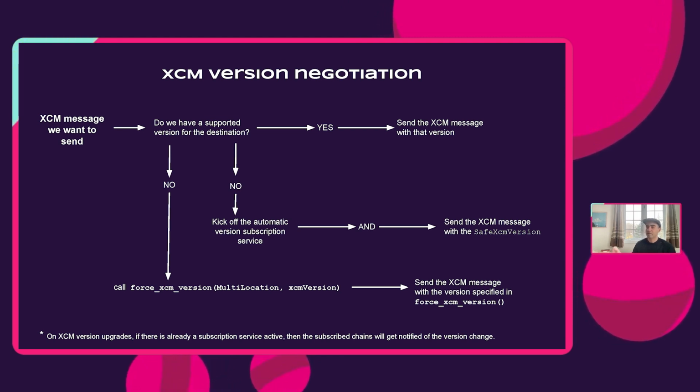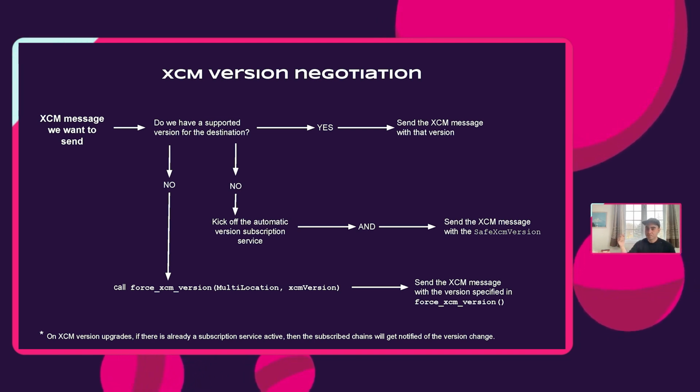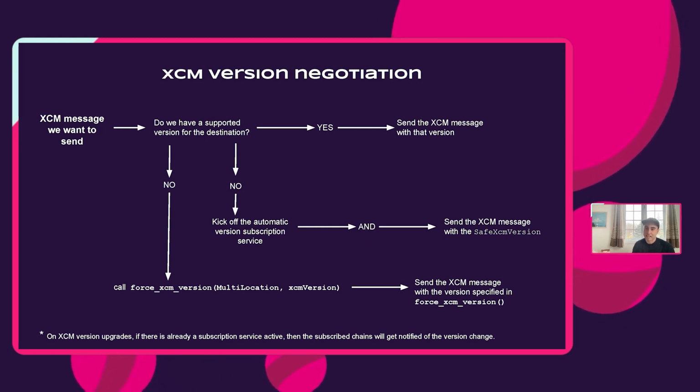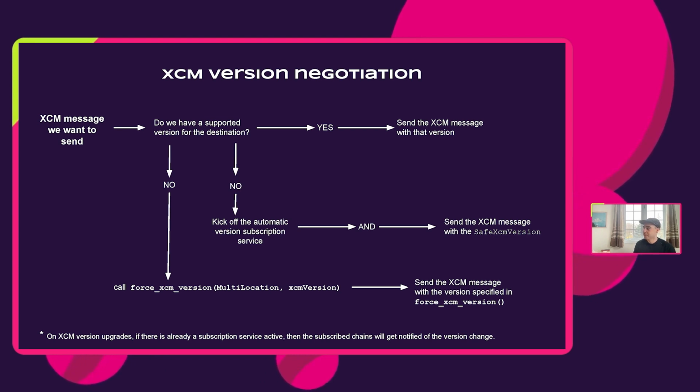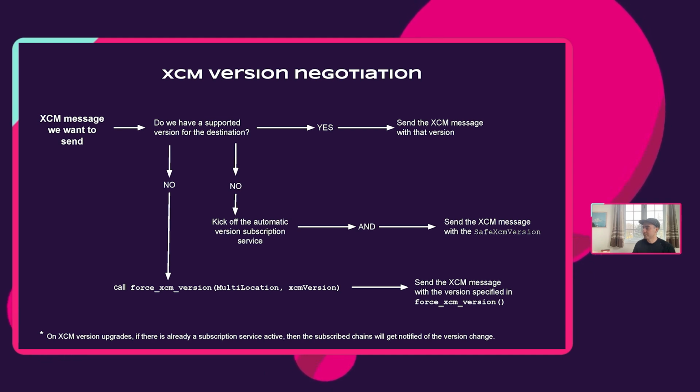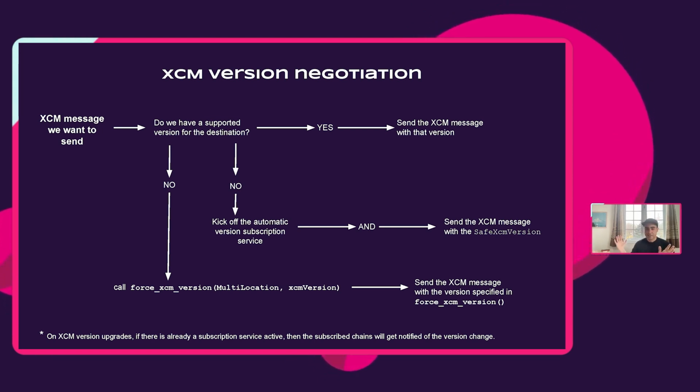Maybe I'm chain A and I want to communicate with chain B. And as a developer, I know that chain B is running XCM v2, right? I looked in their storage. So then I would call the extrinsic force XCM version with the destination's multi-location and XCM v2. And boom, the XCM message is now going to be sent with v2, and it succeeds.